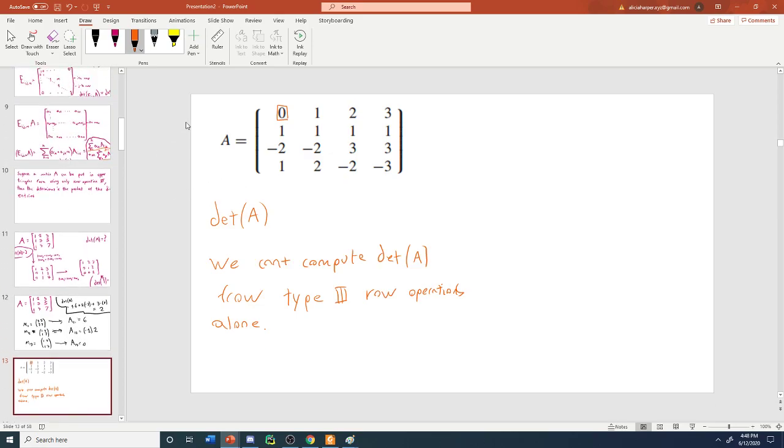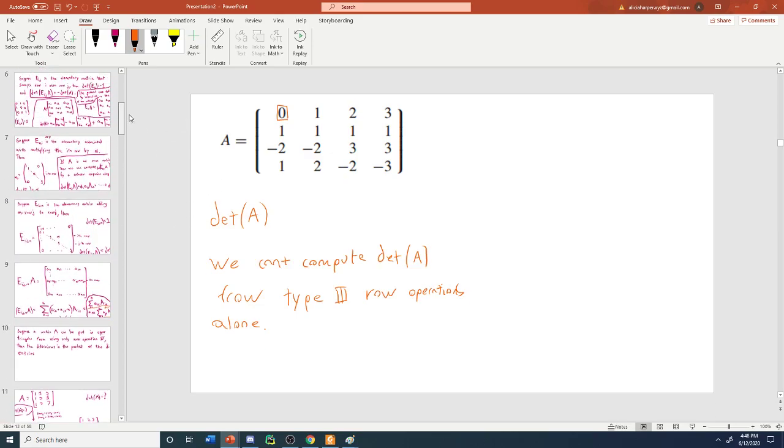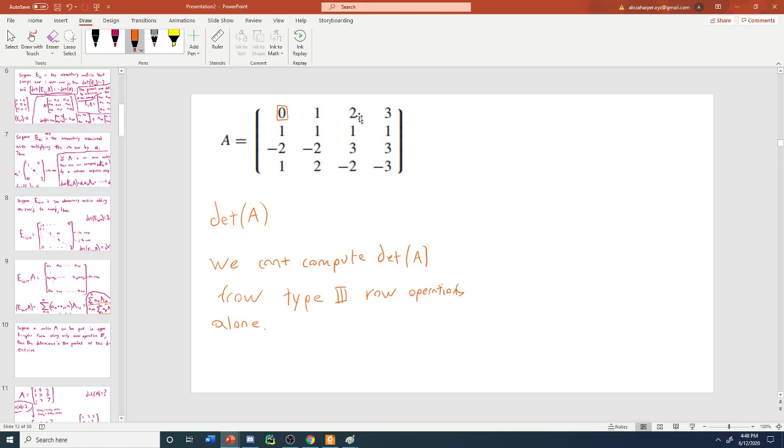But you could use a type 1 operation to swap rows. The only thing you have to keep in mind is that whenever you do a type 1 operation, you're changing the determinant by a sign. So I'm going to go through the process.